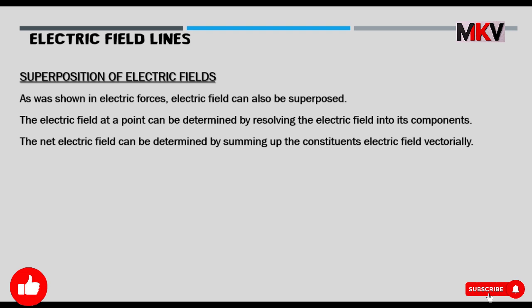As was done earlier in electric forces, if there are two or more charges placed linearly or angularly, the electric field at a point from each charge can be determined using the vectorial summation of electric fields. So we apply the same concept from electric forces to electric field.